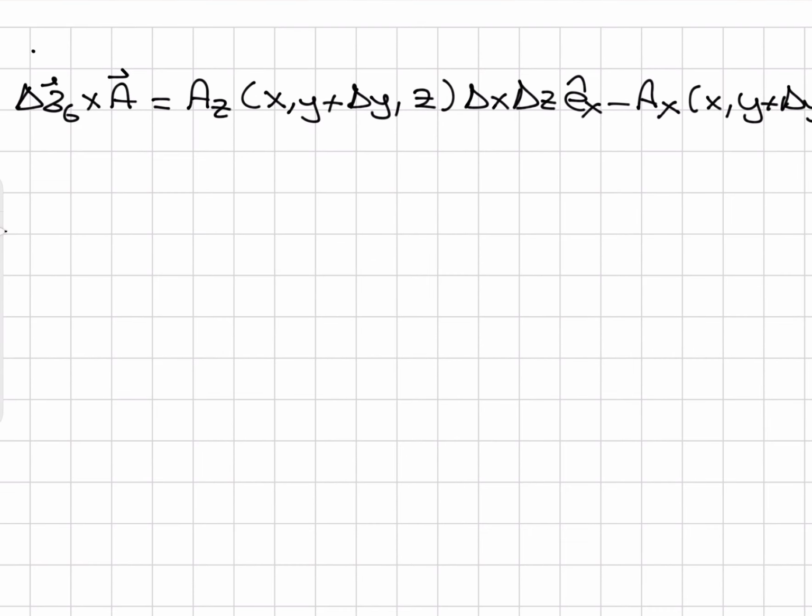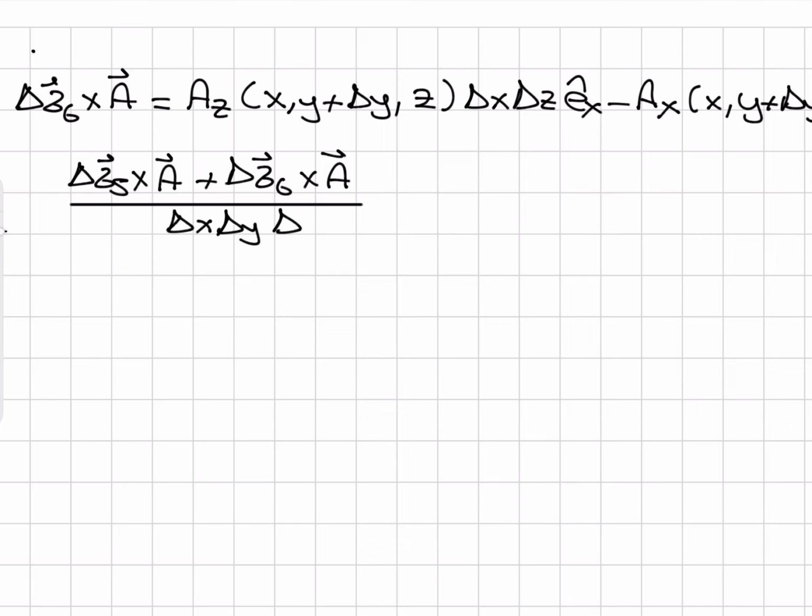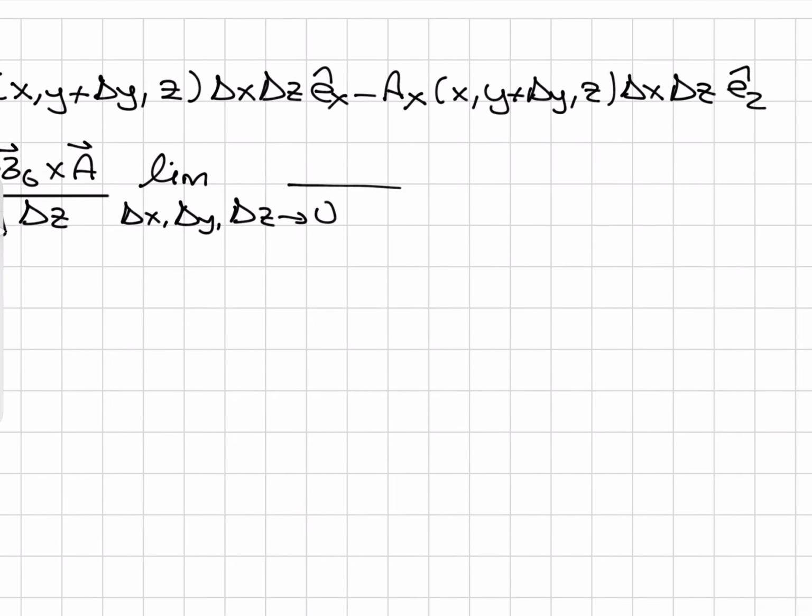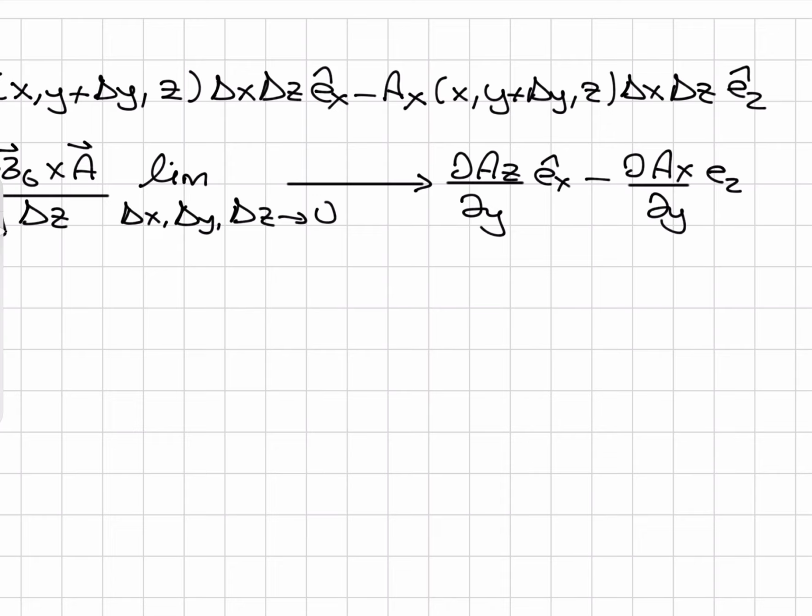Okay, putting these together, delta sigma 5 cross A plus delta sigma 6 cross A divided by delta x delta y delta z in the limit delta x, delta y and delta z approach 0 becomes del Az del y in ex hat direction minus del Ax del y in ez hat direction.